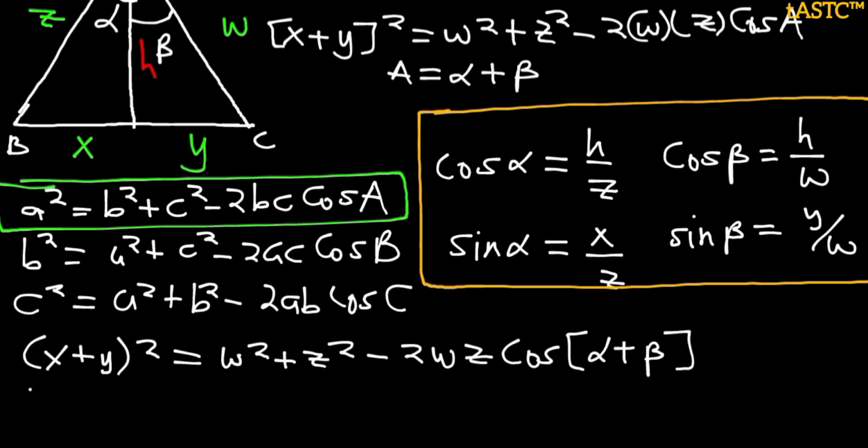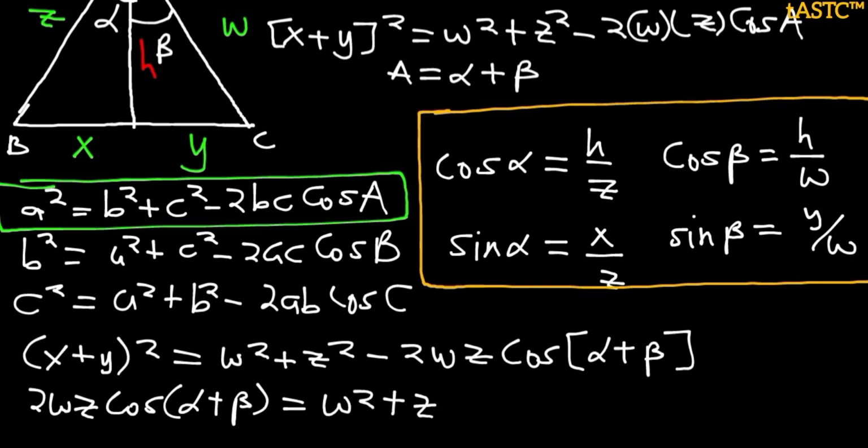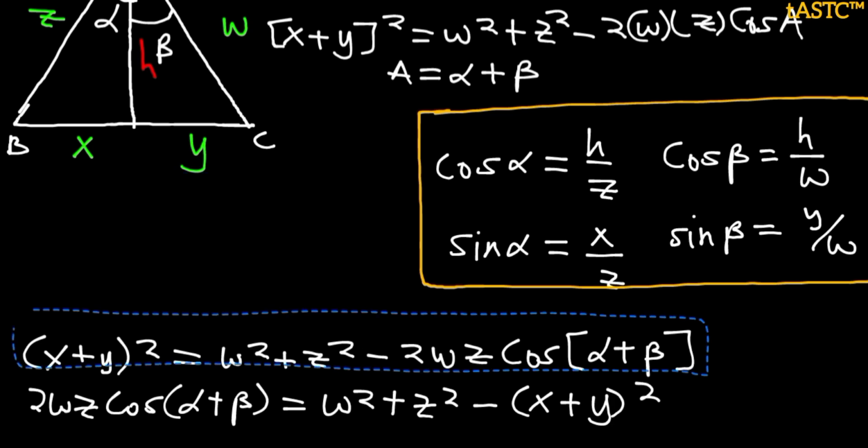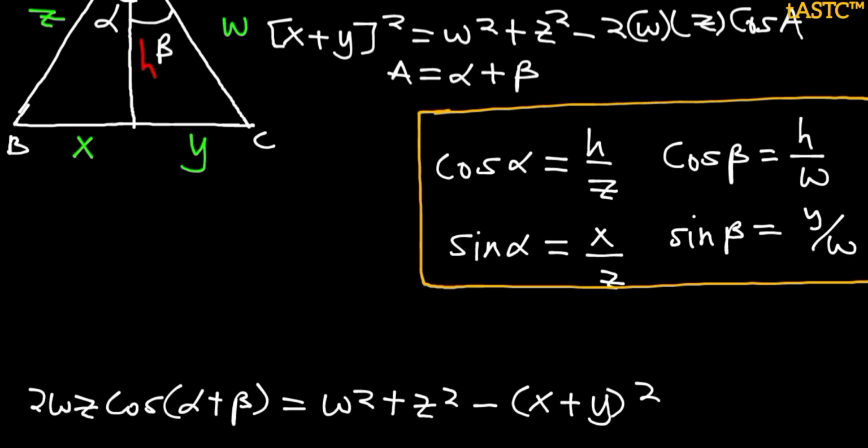So that is going to be 2wz cos alpha plus beta. This will be equal to w squared plus z squared minus x plus y squared. So that is what we got.